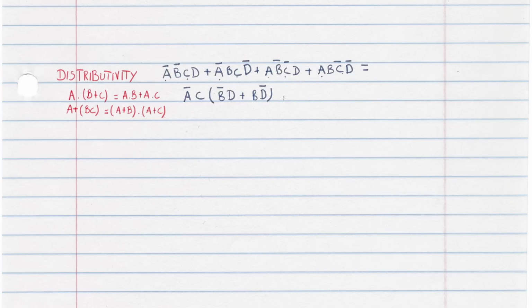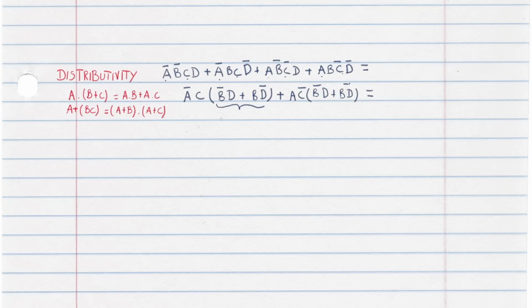And we do the same here with A and not C. So we have A and not C, and not B and D, or B and not D. And here we recognize actually that we have something.